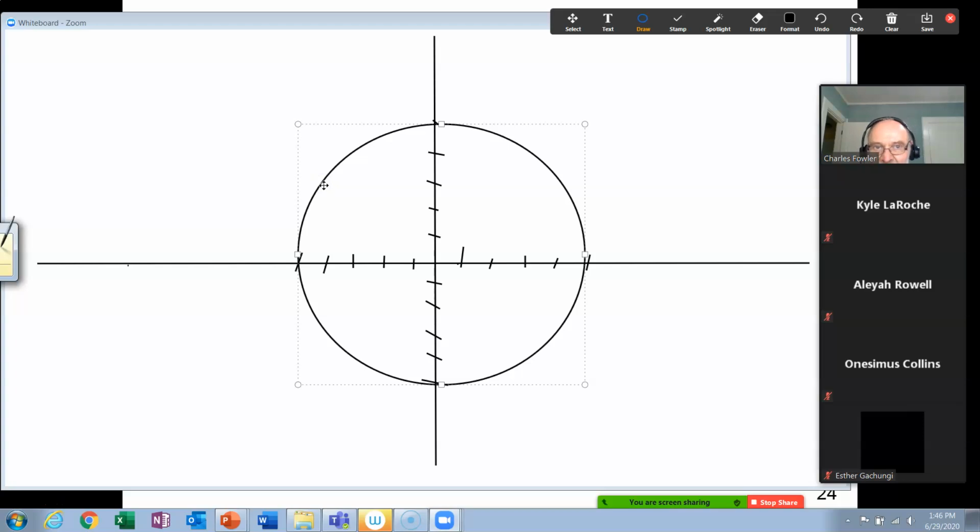Okay, stop there. Let's go back up here and do something else. I think I do want to do a circle of radius 3. So let me try this and see what I can do.